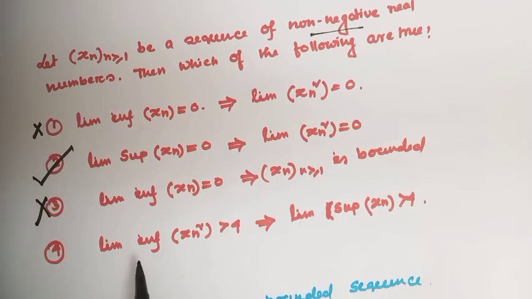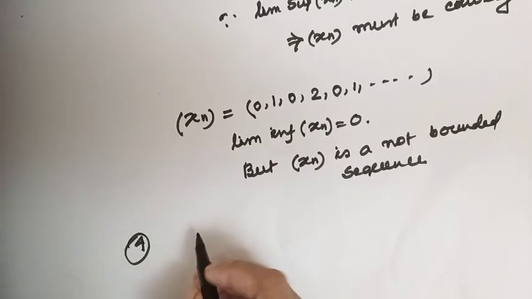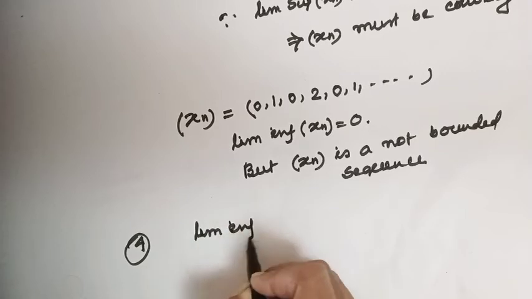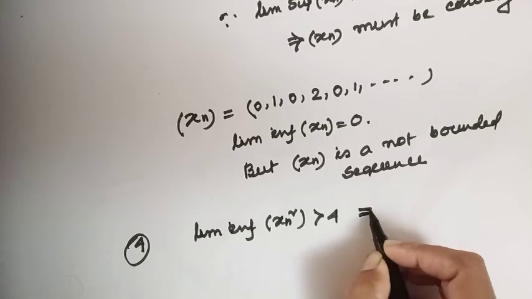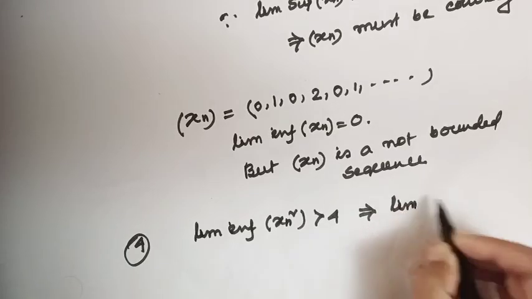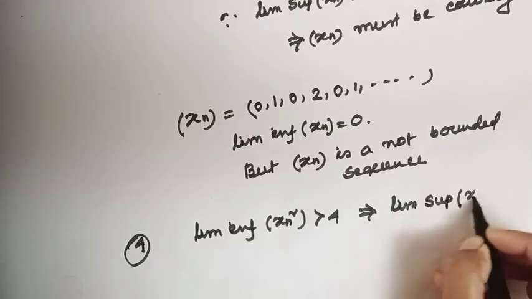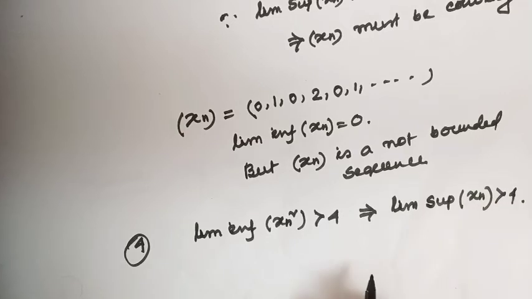What is option 4? Option 4 tells: limit inferior of xn square greater than 4 implies limit supremum of xn greater than 4. Is it true? Let us consider a sequence xn.